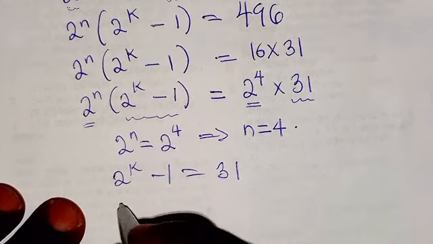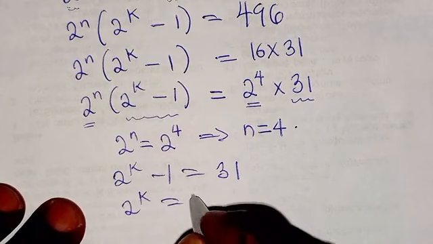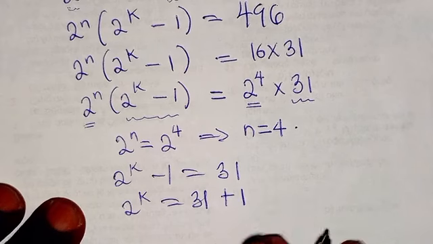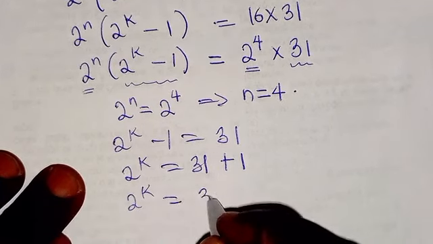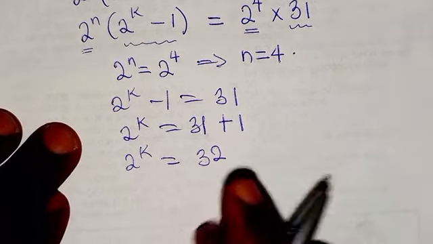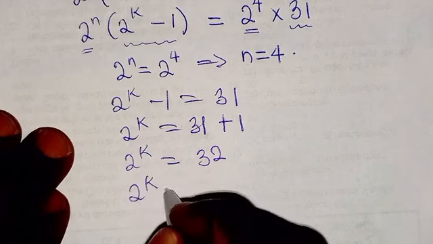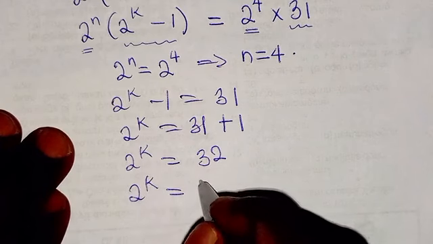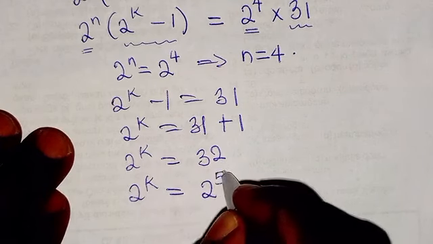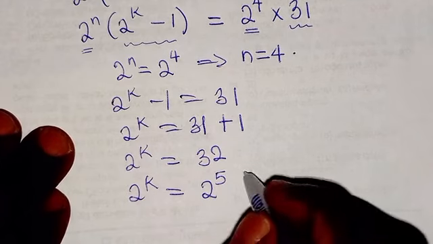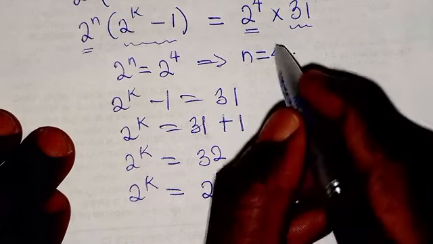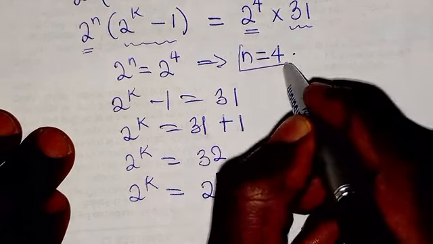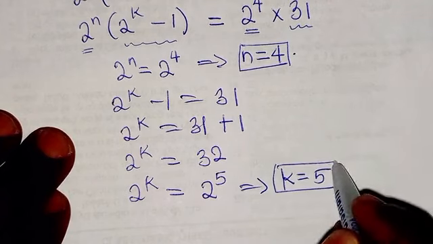Then we have 2^k equals 31 plus 1, then 2^k equals 32. So now from here, 32 can be written as 2^5 in index form. Then this implies that k equals 5. So I have n equals 4 here, k equals 5.